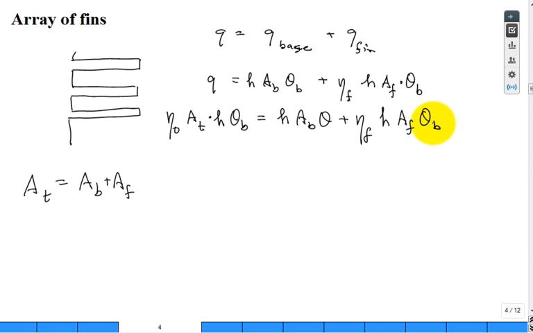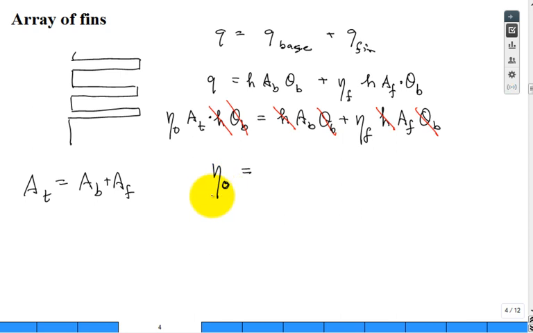Okay, start canceling some stuff. Theta base goes on all of those, right? What about the convection coefficient? Cancels. What I can get now is an equation for the overall efficiency. Hey, what is that subscript on this eta right here? It's a subscript o. What's it for?